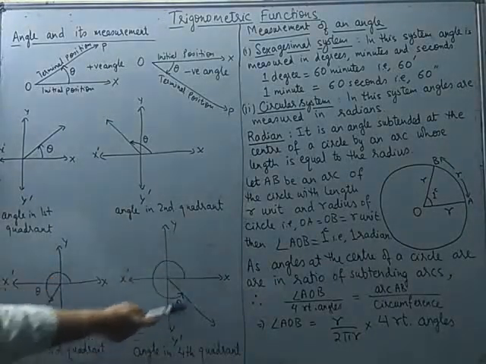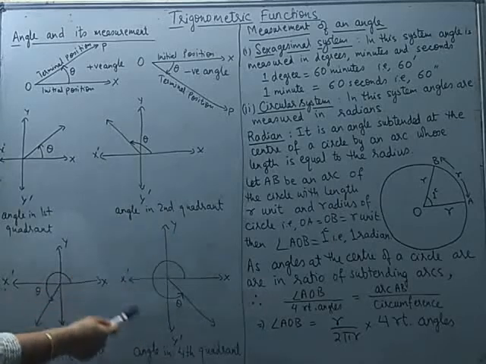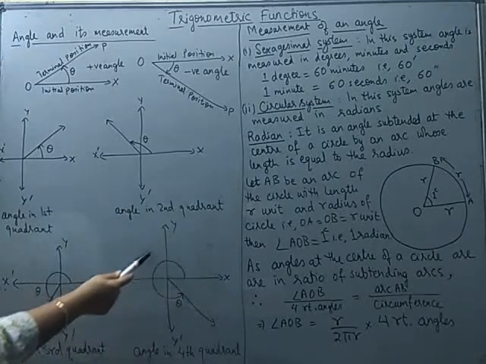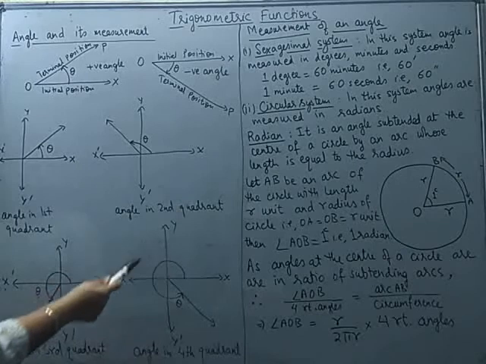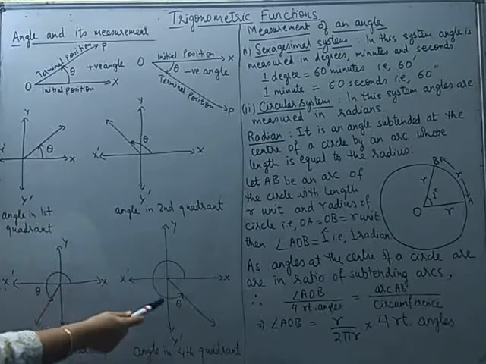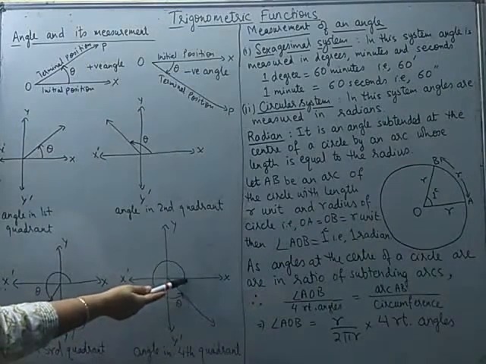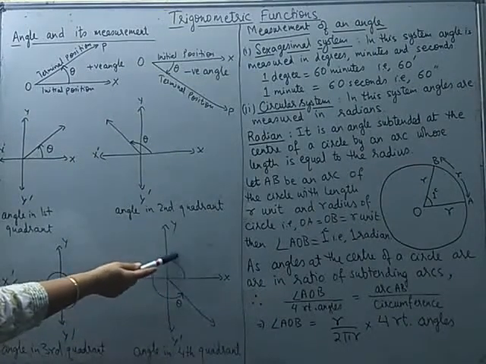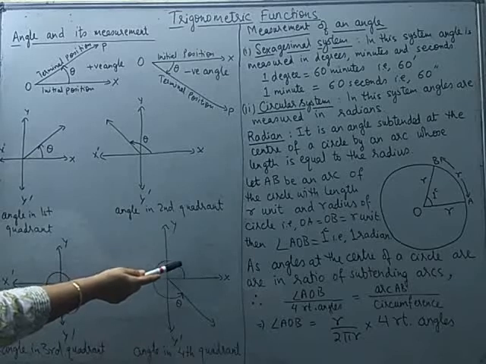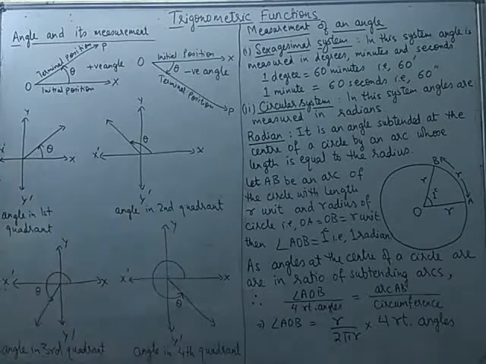The size of the angle will keep on increasing as we complete the revolution, but you will see they will be coinciding with the previous angles only. Once you complete one revolution and you further go, the size of the angle increases, but you will see it will coincide with some of the angles in the first quadrant and so on.